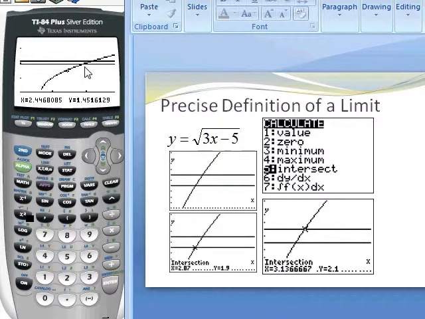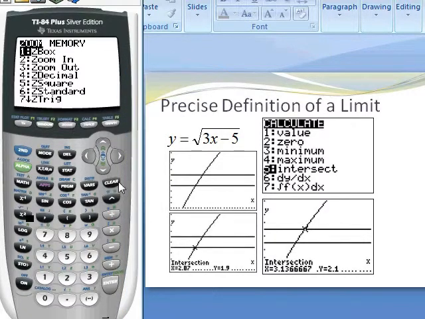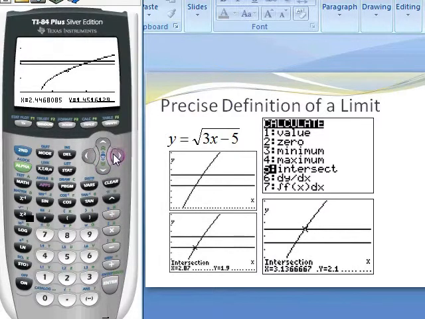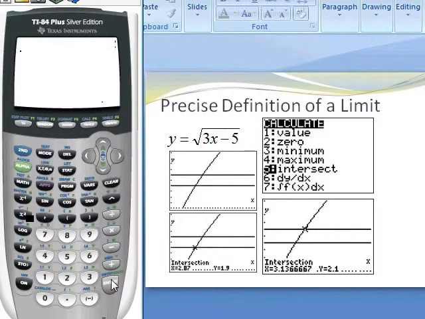I will zoom in a little more with the zoom in feature. Okay, let me go in a little bit so that you can see it. I'm going to go in that vicinity. There we go. Enter. Now it will give me a little bit closer look.